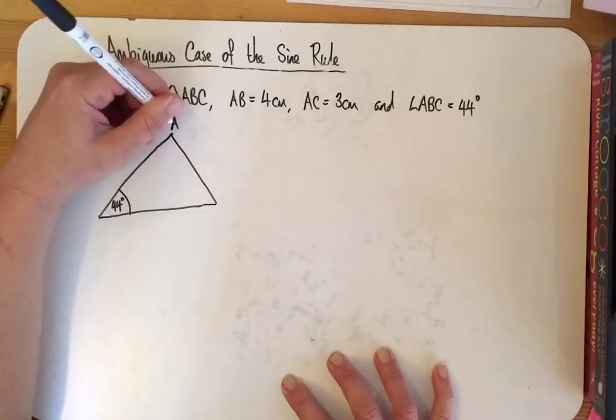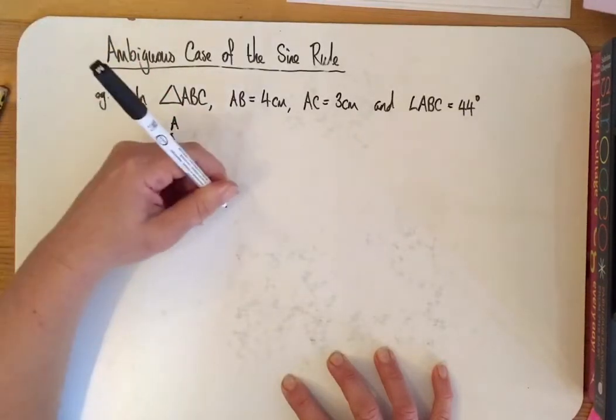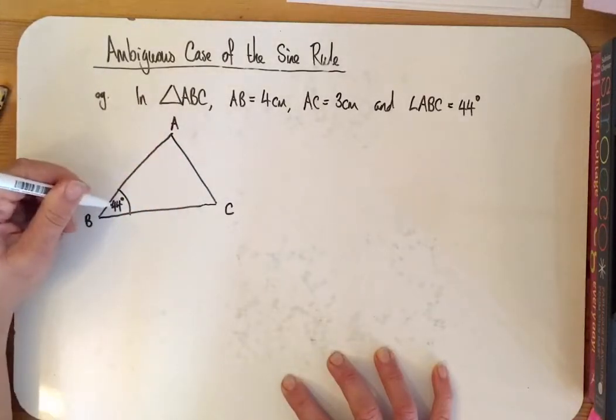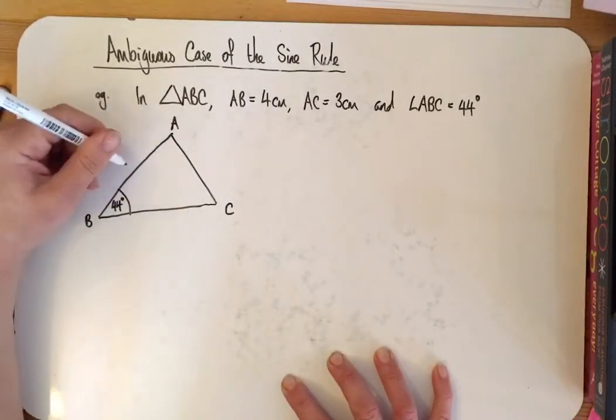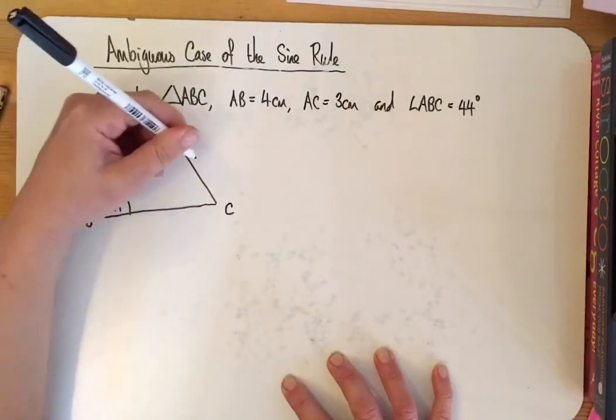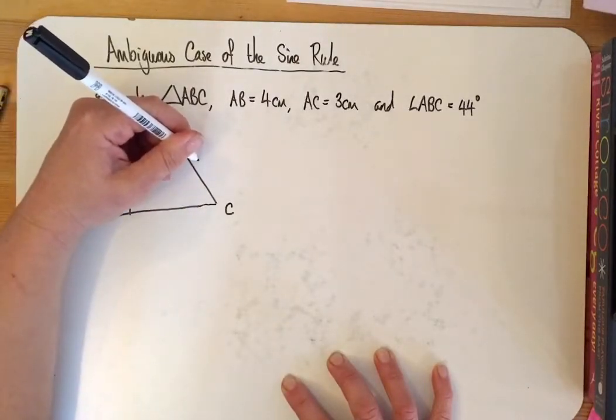There's A, B, C. So that's angle ABC. Gives you the angle there. AB is 4 and AC is 3.